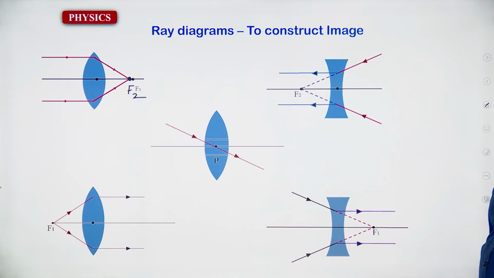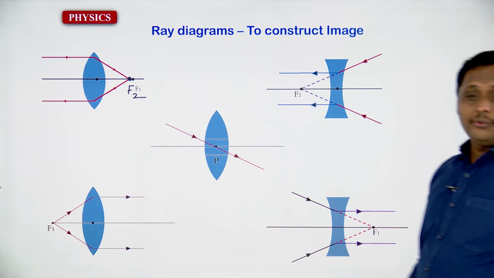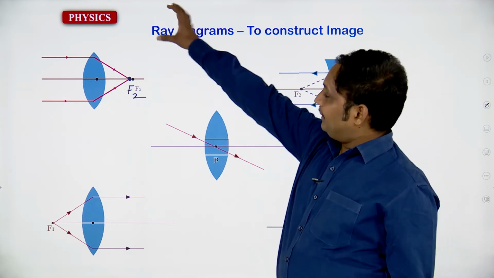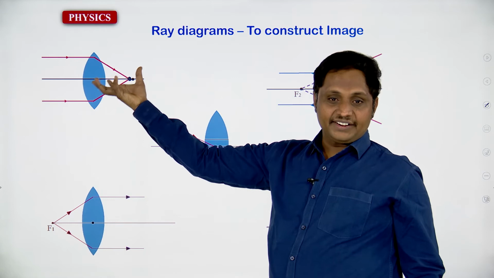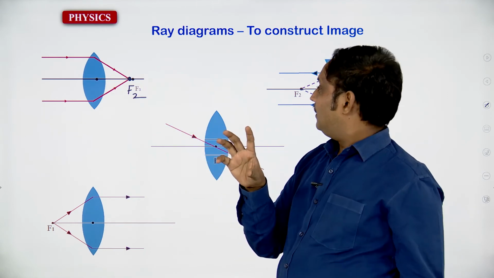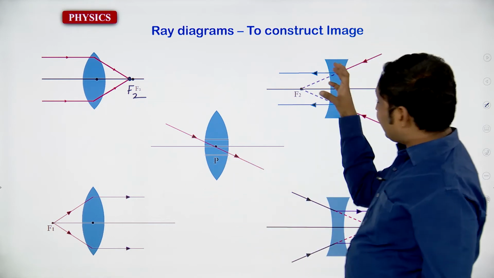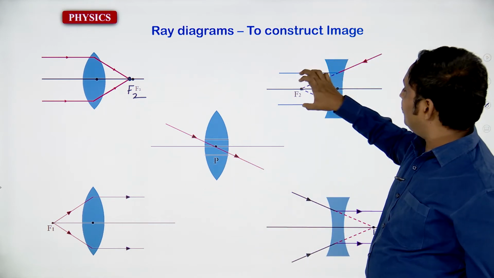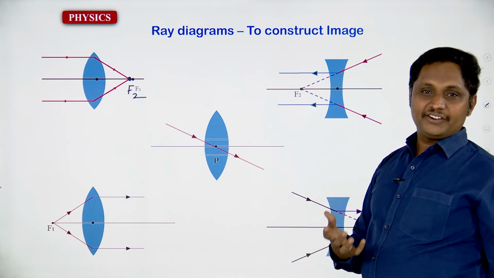At the same time, you have to identify what happened in case of the concave lens. The rays have been incident. After the refraction, this is very important: the incident light rays are parallel in the first case, convex, and the refracted light rays become parallel after the refraction.